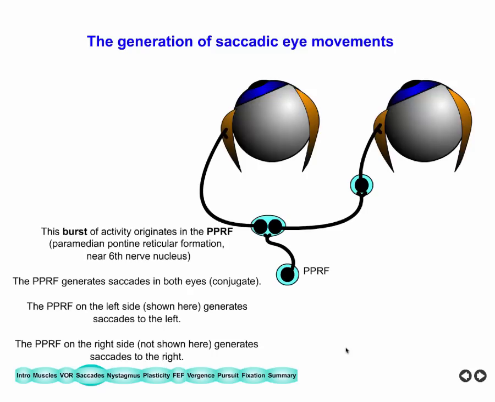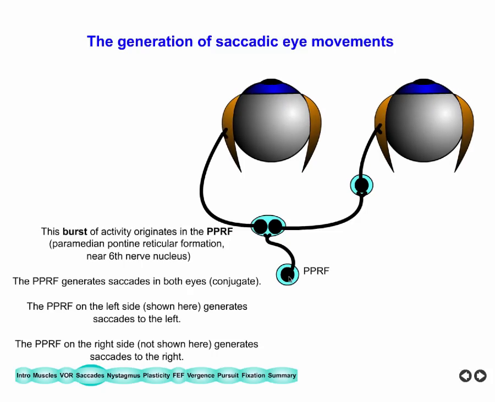So what produces this phasic response? The phasic response comes from another horribly named structure called the paramedian pontine reticular formation. Basically, it's a structure near the sixth nerve nucleus, in the brainstem.